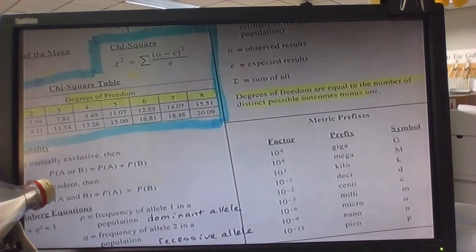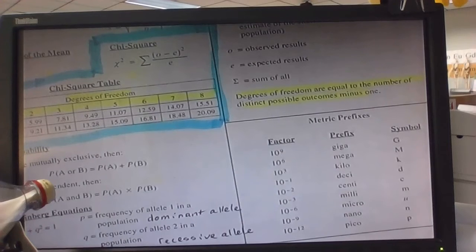So if I roll the dice, it can land on a 1, a 2, a 3, a 4, a 5, or a 6. That's it. I have 6 outcomes. When I run analysis of my dice roll data and it says how many degrees of freedom do I have, since I have 6 possible outcomes, degrees of freedom is however many possible outcomes you have minus 1. So my degrees of freedom for the dice roll lab is 5.